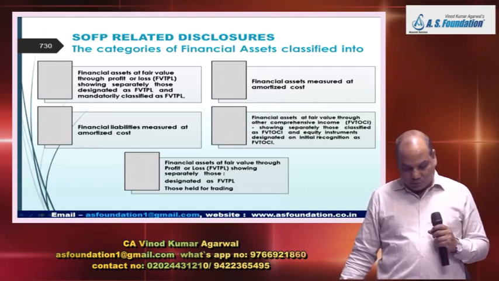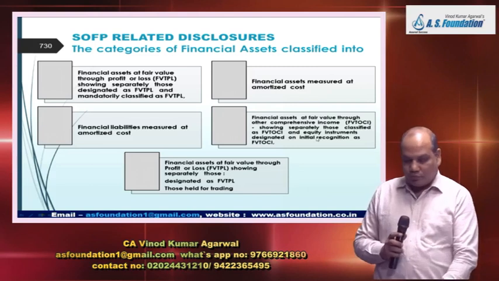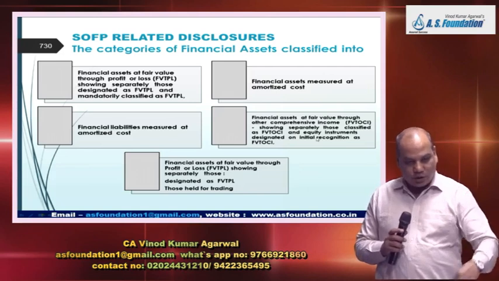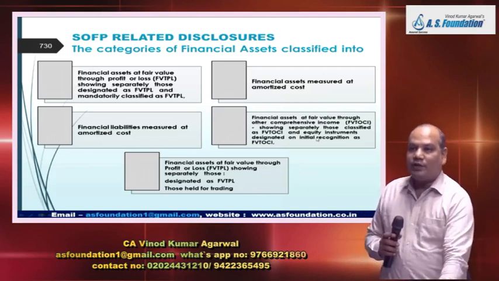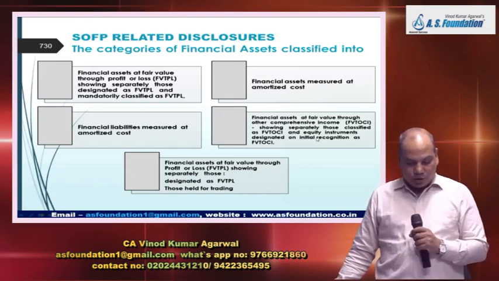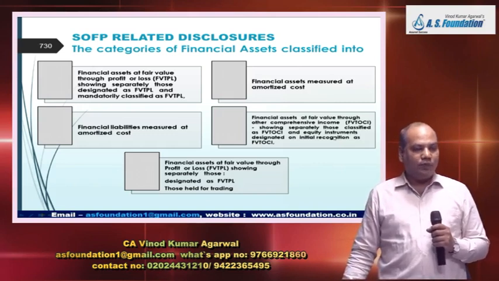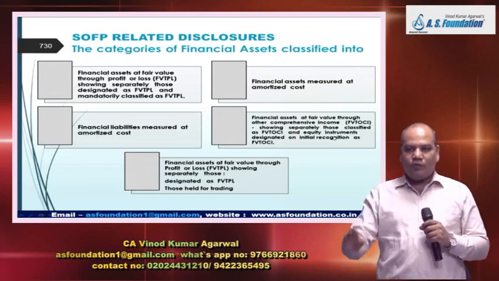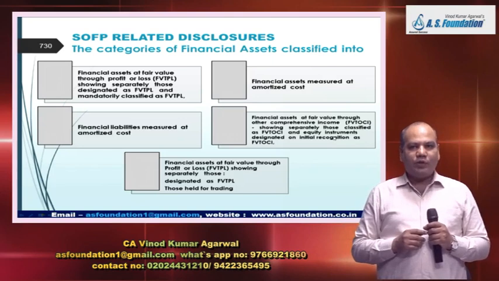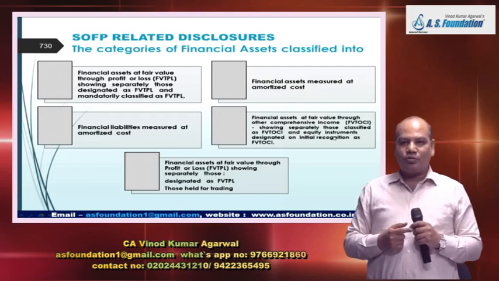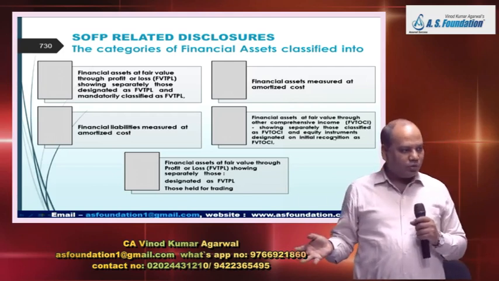And then the same thing for FVT OCI instruments also. FVT OCI instruments will be divided into two categories: those which are designated as FVT OCI, like equity instruments, and those which are classified into FVT OCI because they meet the requirements, for example debt instruments. If they satisfy the cash flow characteristic test and business model test 2, then they go into FVT OCI.